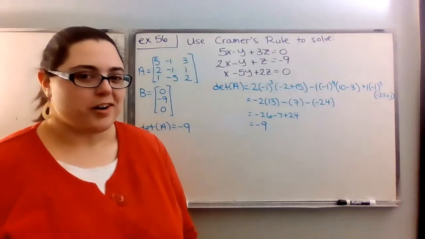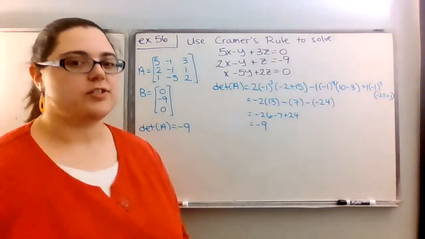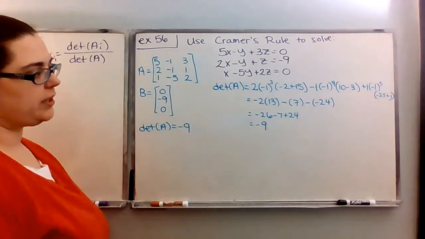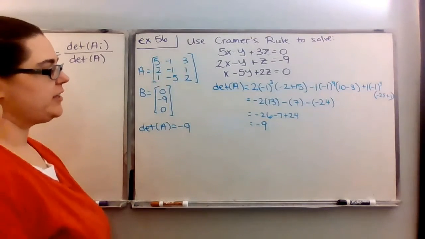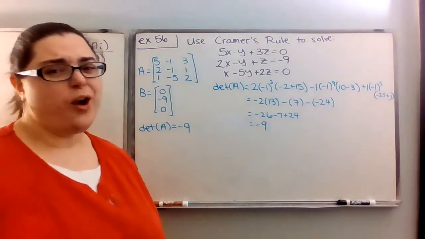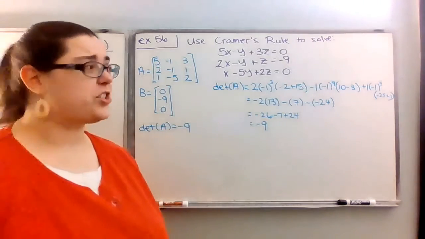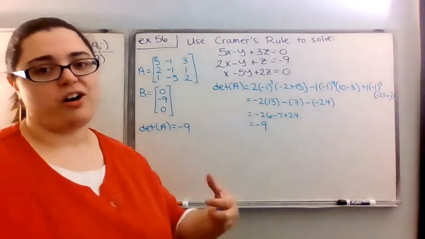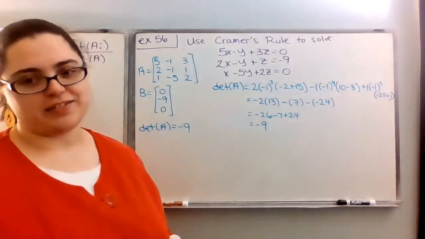All right, welcome back. Did you find the determinant? So when I expand it along the second row here was my work, if you want to take a moment to look at it, and I ended up with -9 in the end. So what was a bit of a bummer using the definition here is that none of the entries in A are 0. So it just was a pain to find.